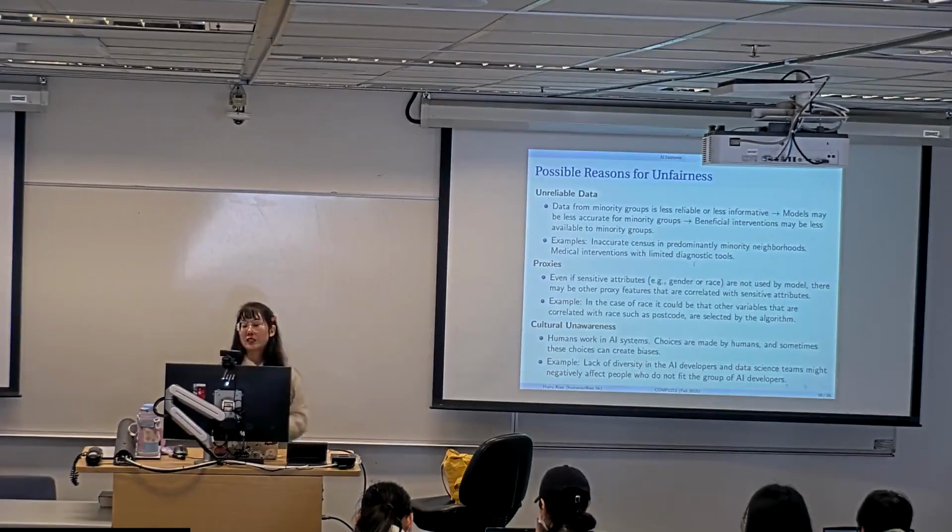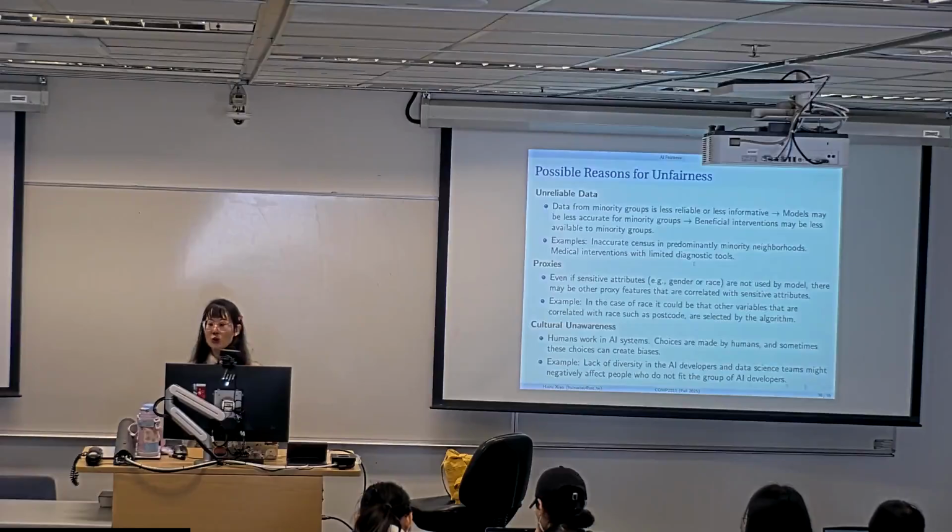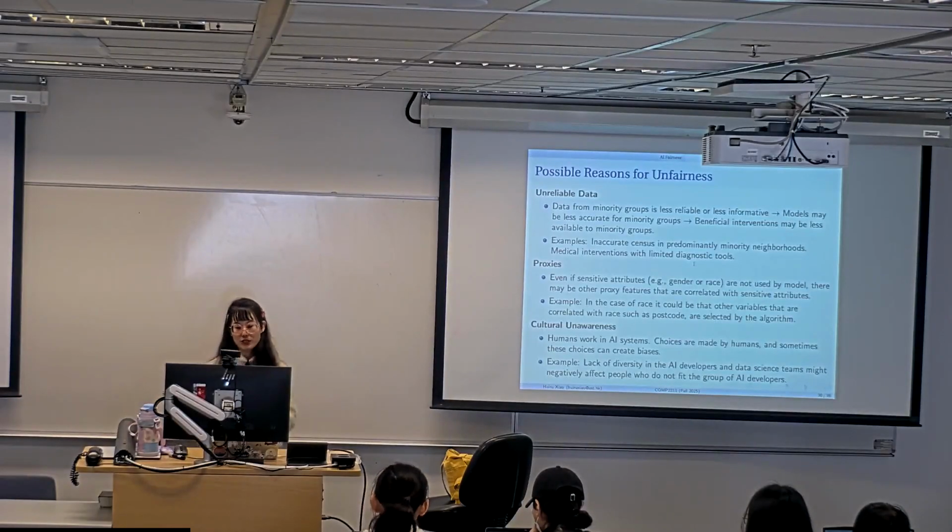For example, when we develop a hiring model, an AI recruitment model, or when we use an AI model to predict crime, we just don't collect such features, like we don't consider gender or race, just directly remove them.